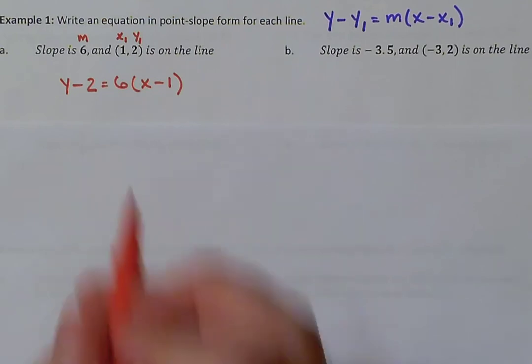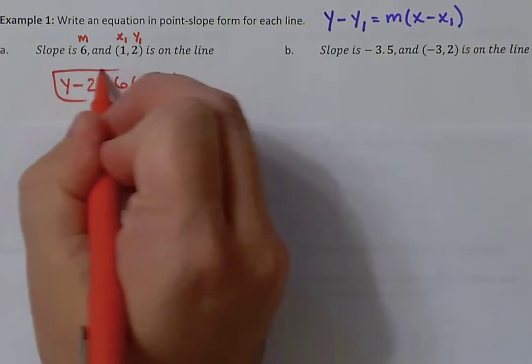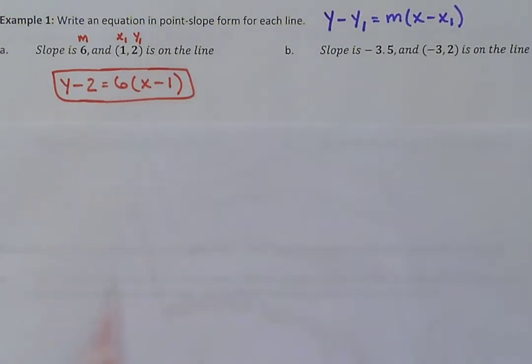So that is all we have to do for example 1a. If they give you a slope and a point, all you have to do is plug in your m, your x1, your y1, and you're good to go. We'll take a look at a few others to highlight some other things, and then we'll move on to example 2.